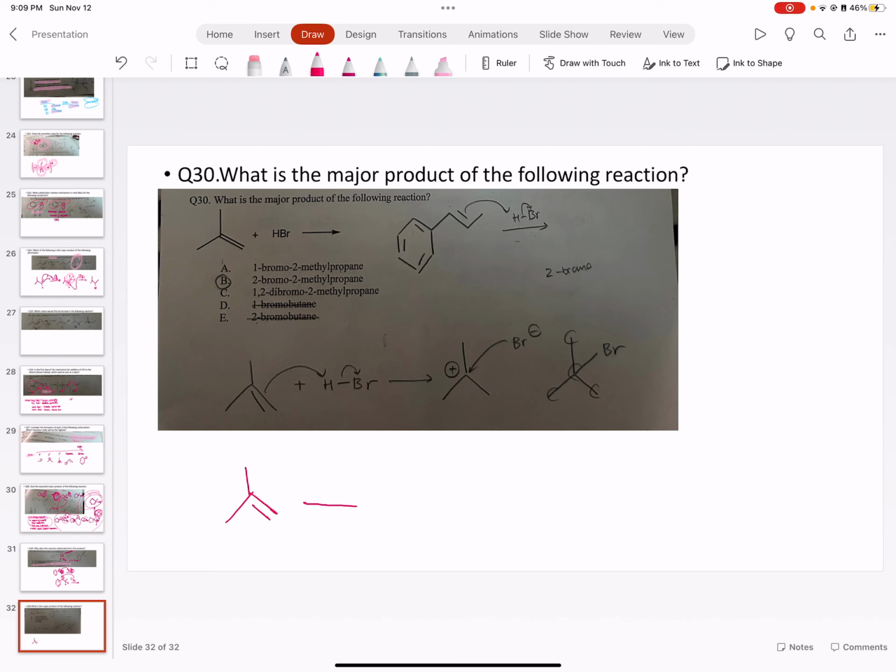You can either know how to do the mechanism, or you already know that this one is going to be a Markovnikov addition, meaning that the bromine goes on the more substituted carbon and the hydrogen on the least substituted.